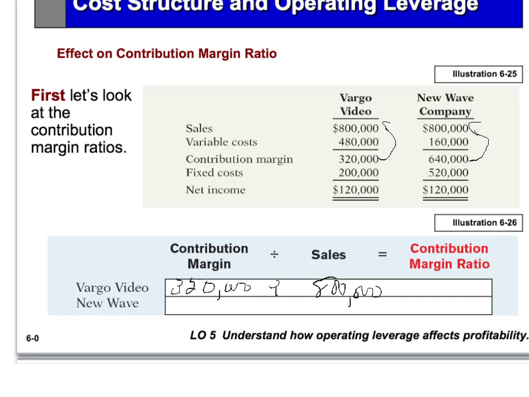For New Wave, it's $640 divided by $800,000, which equals 0.40. And here it's 0.80. So there's the contribution margin ratio for these two companies.